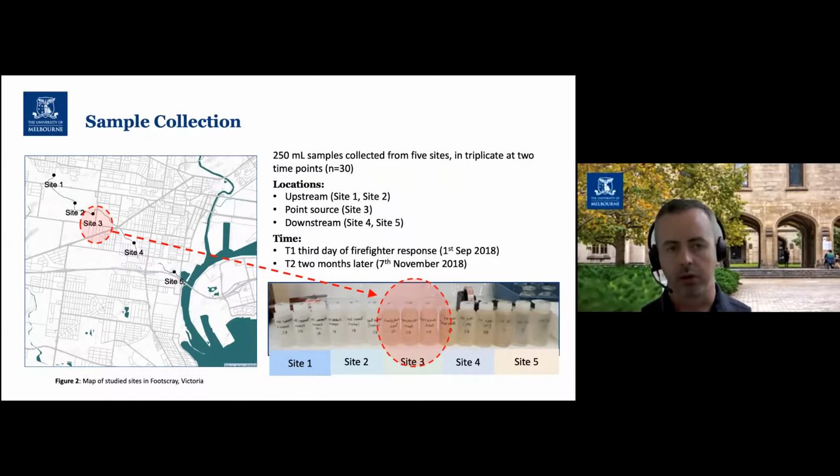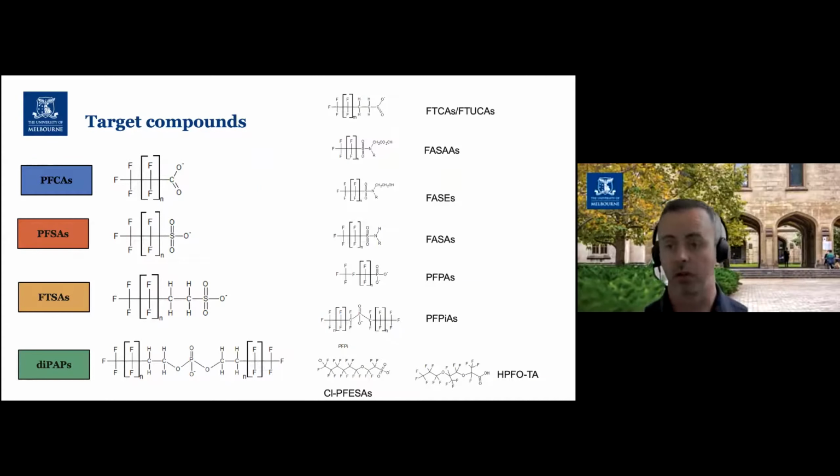And so we did what's called targeted analysis. When you submit your samples for analysis, typically they're done using an approach called targeted analysis, and this is a hypothesis-driven approach to environmental monitoring, because you can only see what you're telling the instrument to measure.